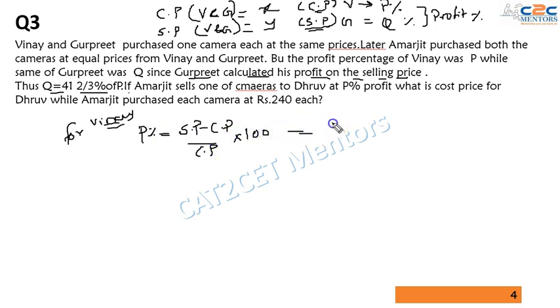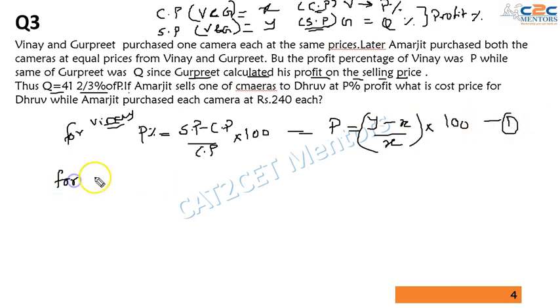Substituting the values, P is equal to (Y minus X) upon X, multiplying by 100. This is my equation number 1.